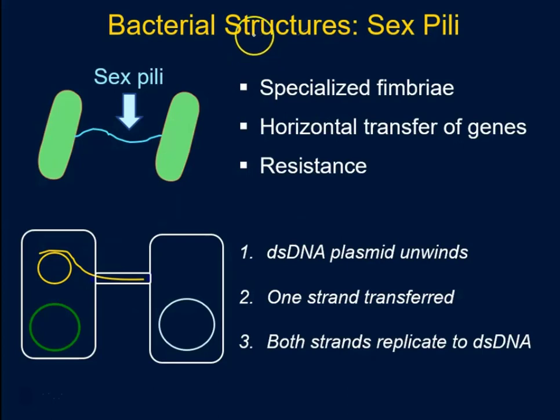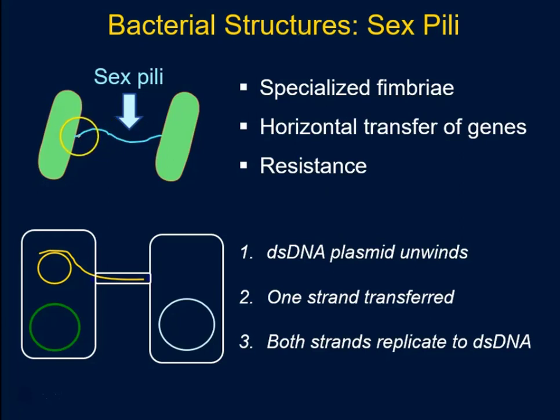Now, there are a couple of other features we should talk about in this slide, and one is the sex pilus, or when you have more than one, sex pili. This is actually a specialized form of fimbriae, but it allows an attachment between one bacteria and another bacteria, and it's involved in the horizontal transfer of genes.